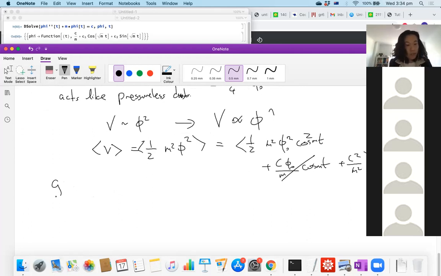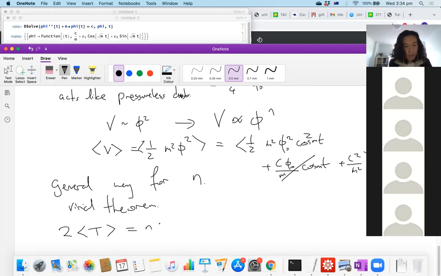So the general way to do this for a general n actually appeals to the Virial theorem, where you relate your potential energy to the kinetic energy like this.